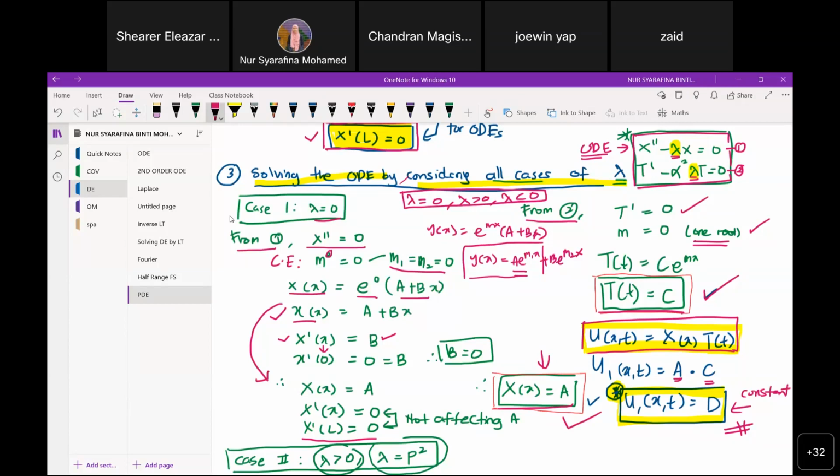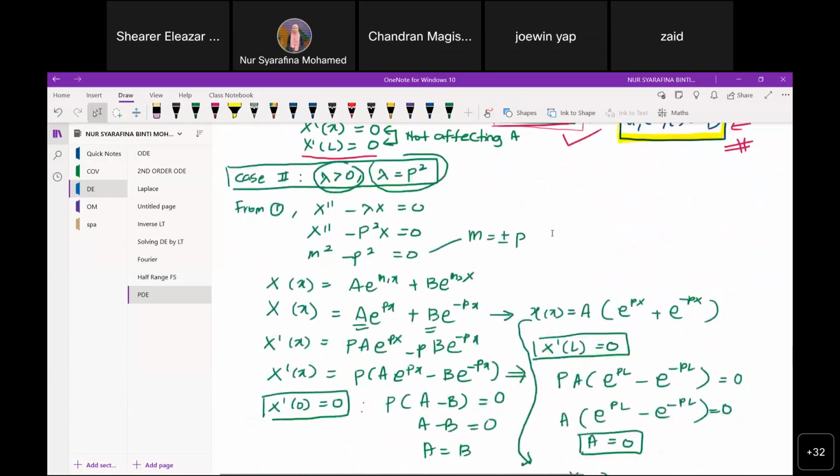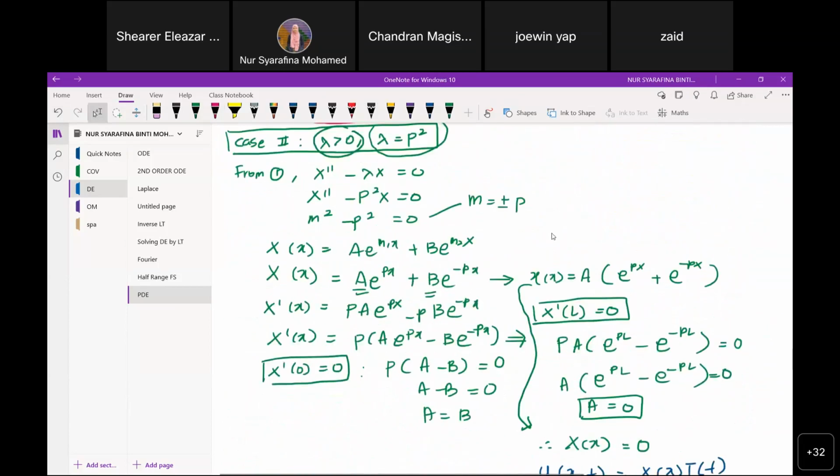All right. Now, that is for the first case. Then always proceed with the second case. Lambda greater than 0. Same process, just consider the cases of lambda. Now, second case, lambda greater than 0. So we choose p squared.